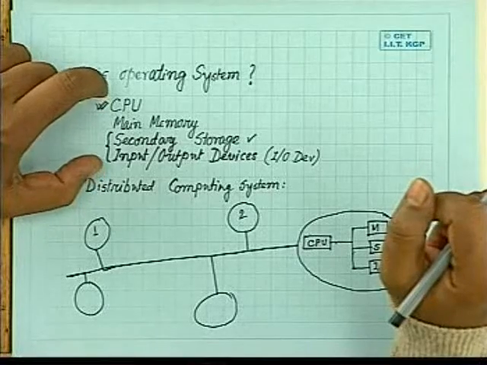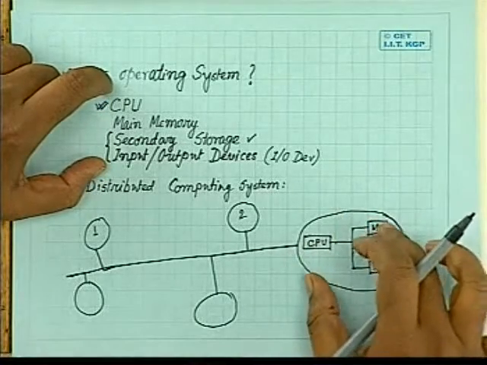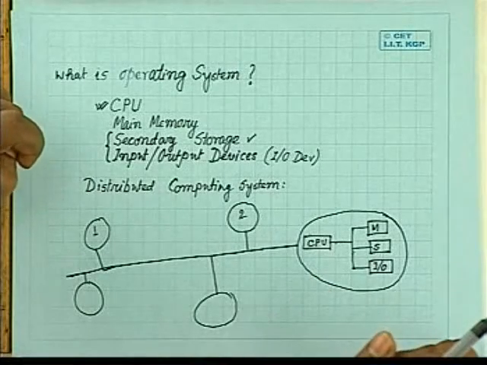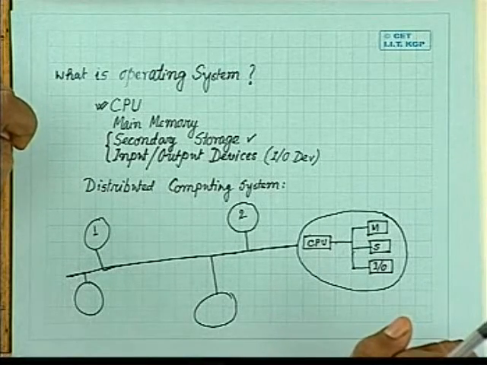Okay. So, in today's operating system, the operating system cannot really be confined to an isolated system like this or this. Okay. The modern operating system has to cater to the need of such a distributed computing environment. Okay. Again, here we have to think about how to manage all these resources in the distributed environment efficiently, which becomes the responsibility of the operating system, right?